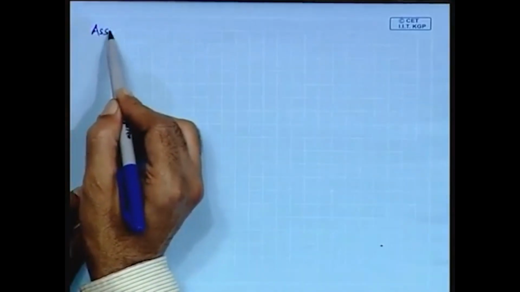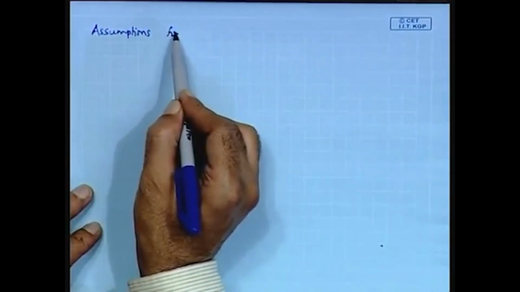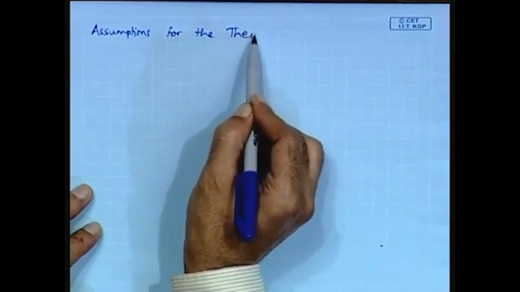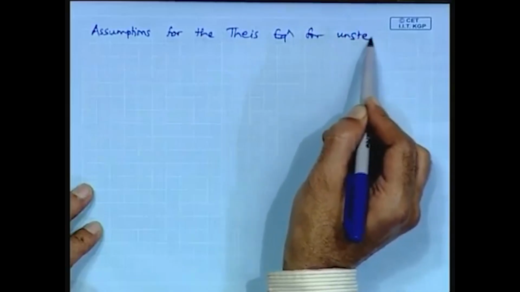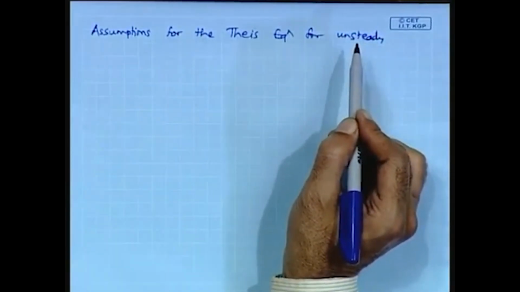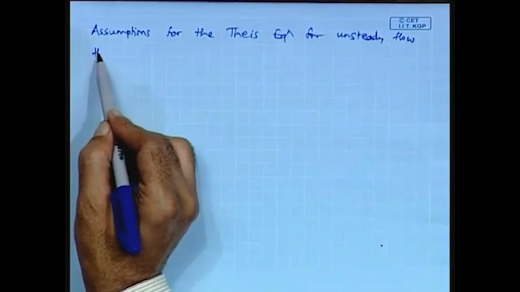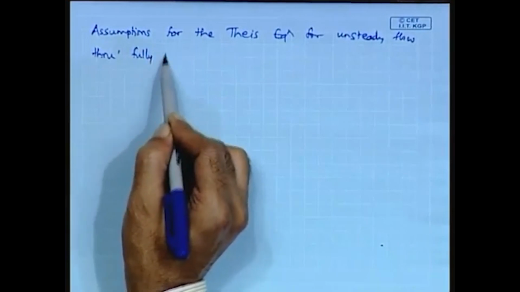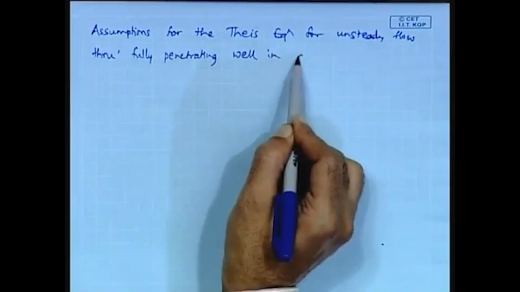So, the assumptions for the Theis equation for unsteady flow through a fully penetrating well in a confined aquifer.